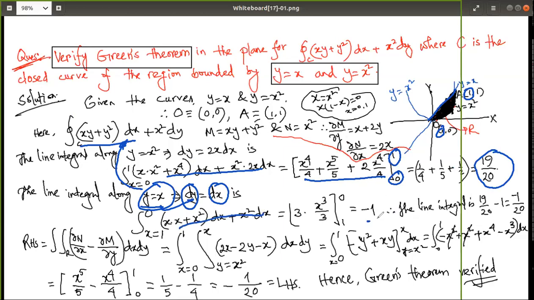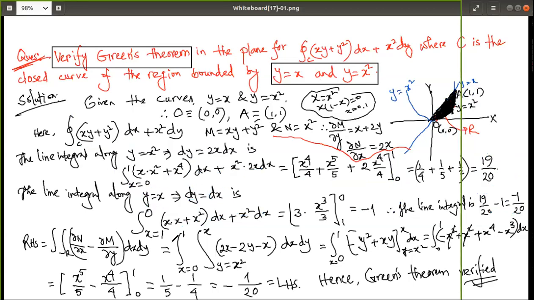We get minus 1. So the total line integration is this plus this. Good.